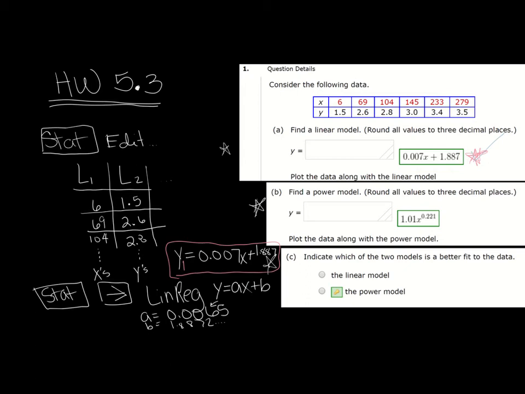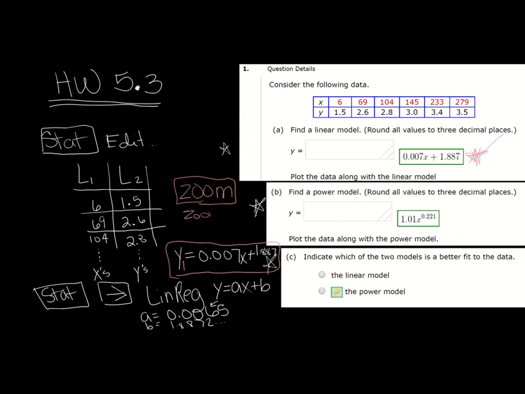Now, if you cannot see all of your data points, you're not going to be able to decide if this is a good model. So what we do is, let me write this down for you. We hit zoom, which is in the first row of buttons below the screen, and we're going to hit 9, which is zoom stat.